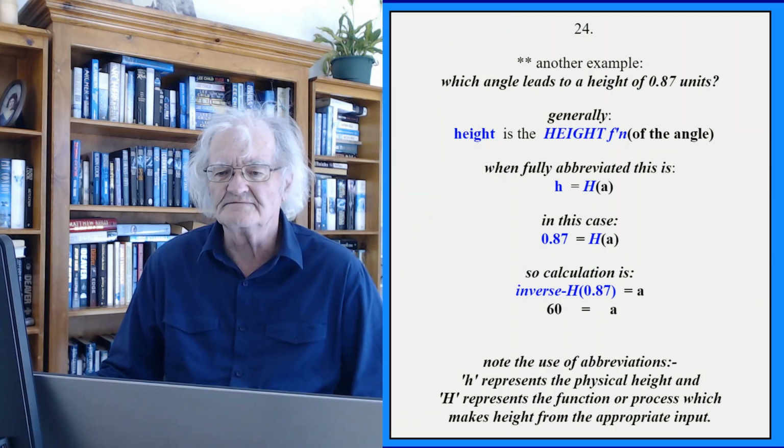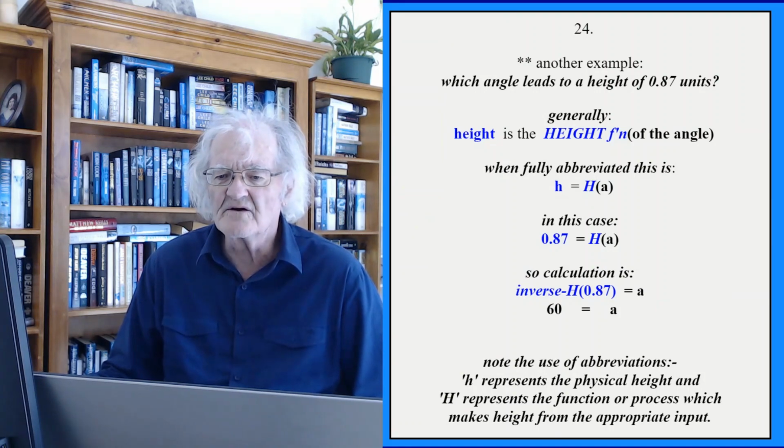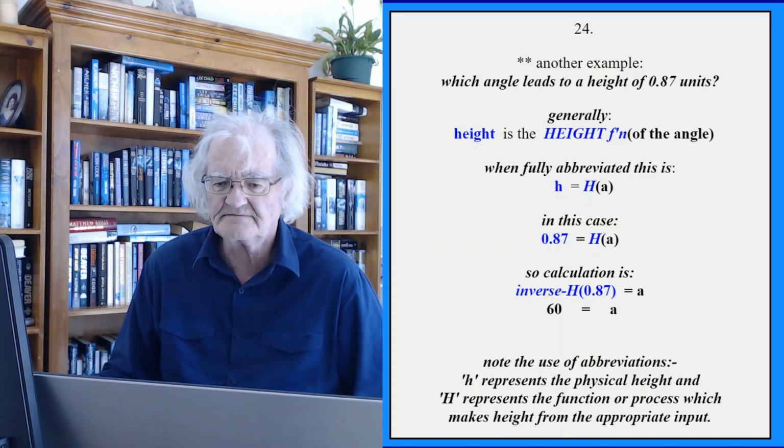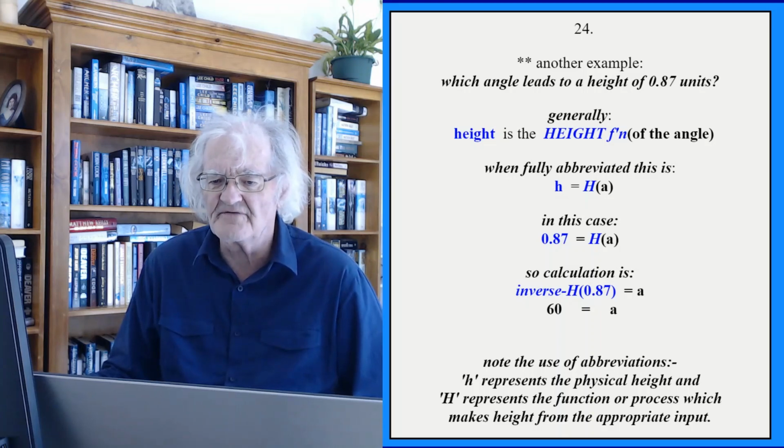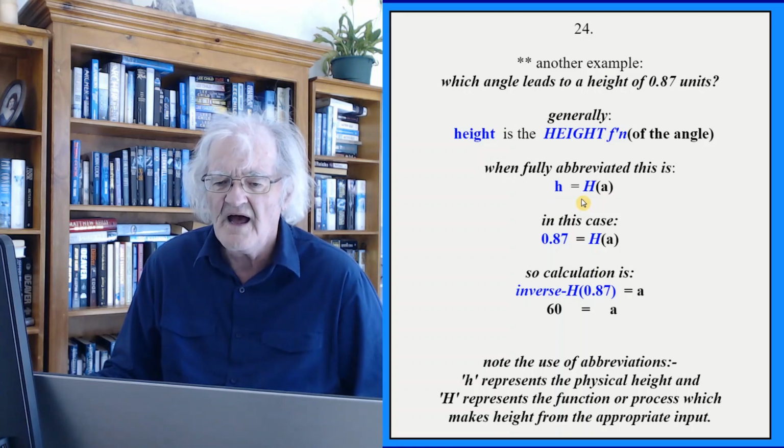Another example. Which angle leads to a height of 0.87 units? Generally speaking, height is the height function of the angle. When abbreviated, height and a capital letter for the height function. So these are the two variables, height and angle, and this is the process which links the two.